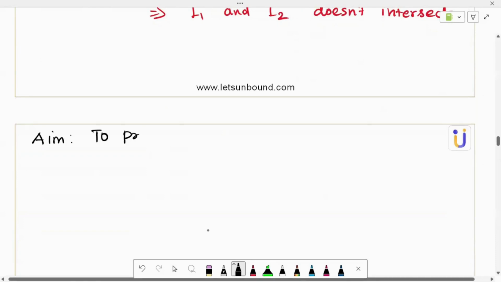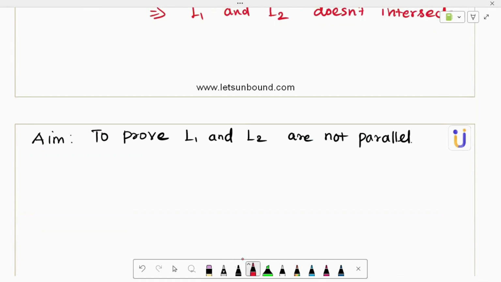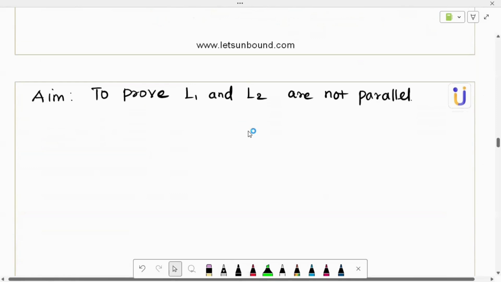To prove L1 and L2 not parallel. Right, let's go ahead. Non-parallel means if they are parallel, one vector will be a scalar multiple of the other vector, right?